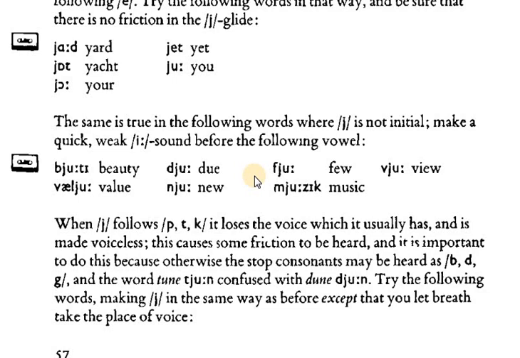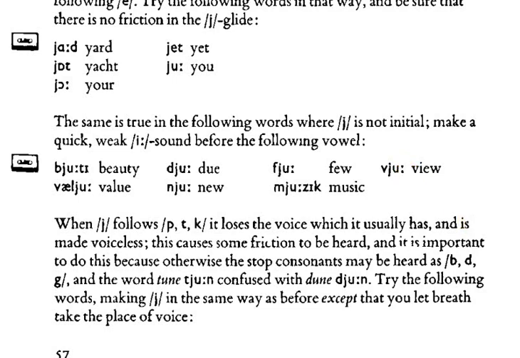When pronouncing these words we make sure to pronounce a short, weak E sound. For example, the words beauty, value, due, new, few, music, and view. All of these words have the gliding consonant ye.